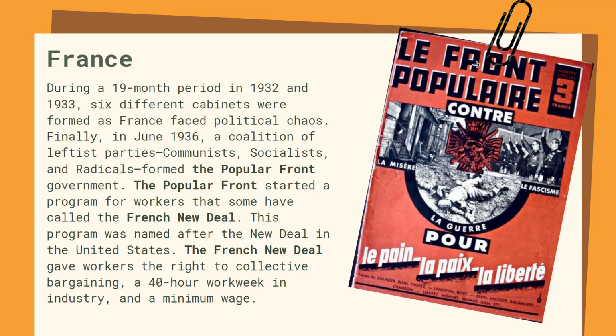They were for the working class because communism was birthed in Russia from the working class, right? So the French New Deal gave a lot of rights, like collective bargaining. That means having a union to bargain for what their needs are, right?